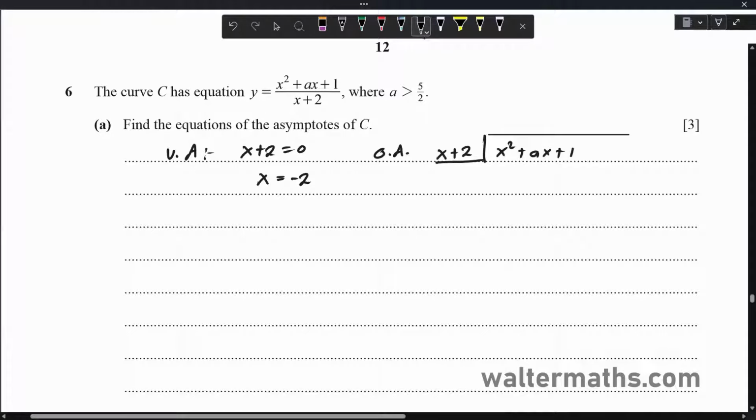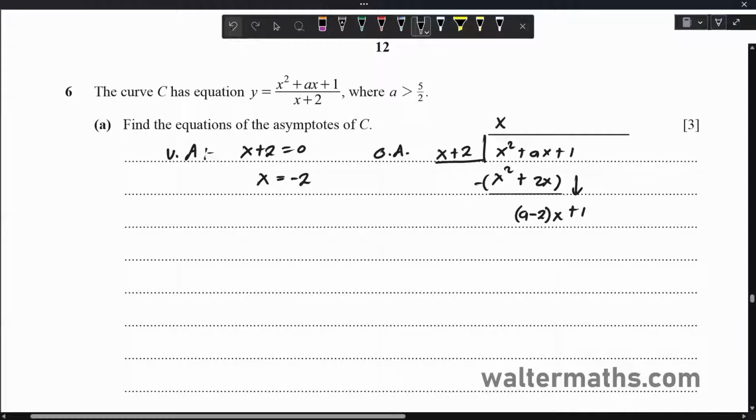Dividing x squared by x, we get x, and x times this would give us x squared plus 2x, and we subtract. x squared minus x squared is 0, ax minus 2x is a minus 2 of x, and we bring down 1.